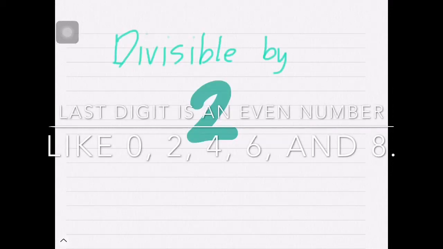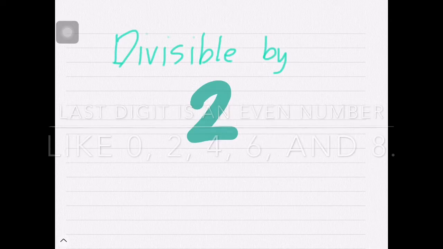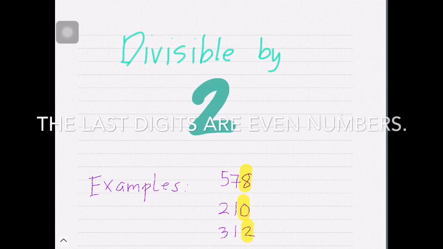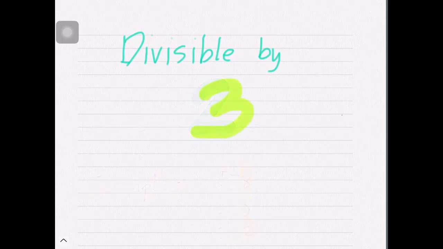A number is divisible by 2 if its last digit is an even number. For example, this time you would know if a number is divisible by 3 if the sum of its digits is also divisible by 3.